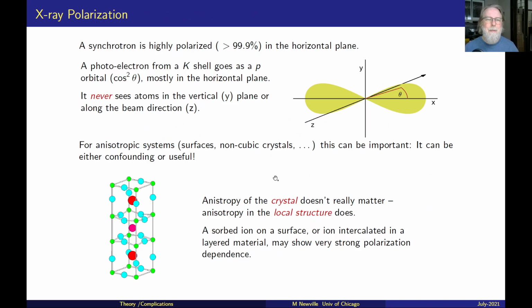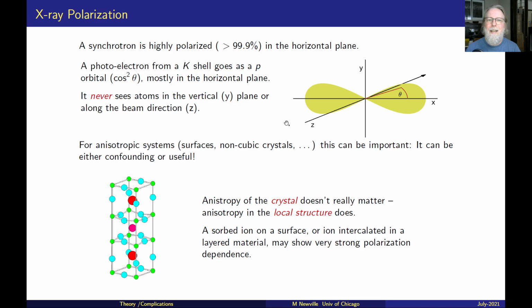Another complication that I haven't really described in detail is the synchrotron radiation. For most XAFS measurements using synchrotron radiation, the X-ray beam is highly polarized in the horizontal plane. This is generally okay. A photoelectron from a K shell goes out as P, so it's a cosine squared orbital, it looks like this, and it's mostly in the horizontal plane.